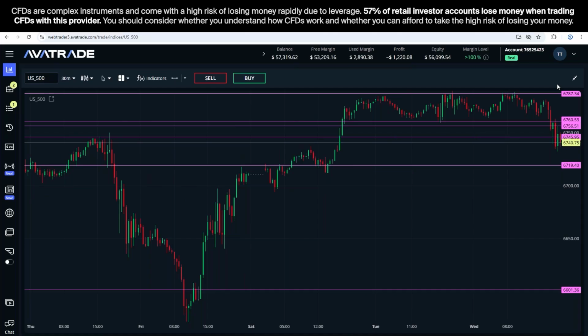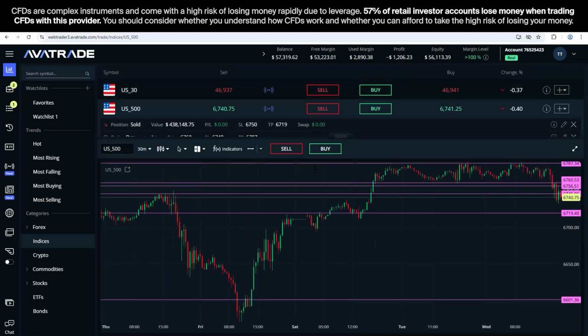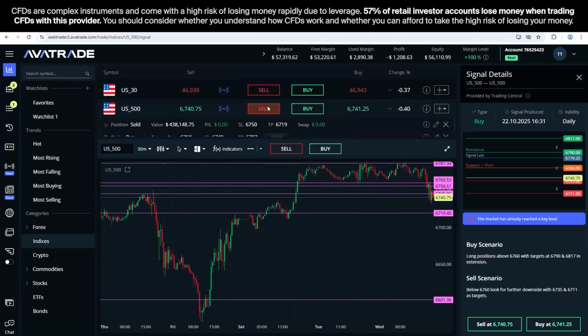And so if you look closer at those signals, US 500, yeah, it's a buy signal, but it says sell scenario. If it drops below 67.60, which it did, it says look for downside with 67.35 and below as targets. And so that's exactly what we did.